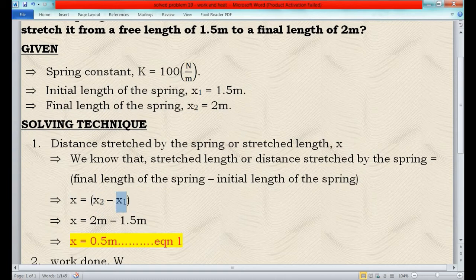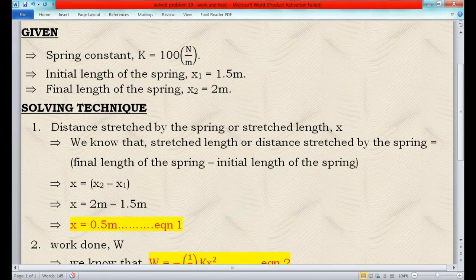So X is equal to 2 meter minus 1.5 meter, which is 0.5 meter. So X is 0.5 meter, and consider this one as equation 1. So X is equal to 0.5 meter is the distance stretched by the spring or stretched length of the linear spring.